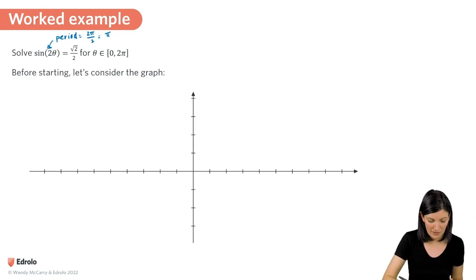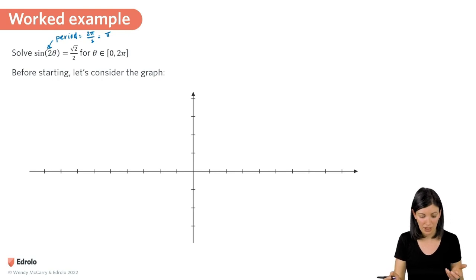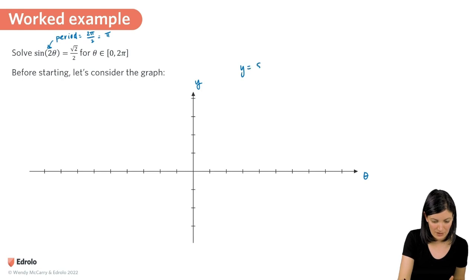So if I were to do a bit of a sketch of sine of 2 theta, my x-axis is theta, my y-axis is y. I'm just graphing y equals sine of 2 theta between 0 and 2 pi.